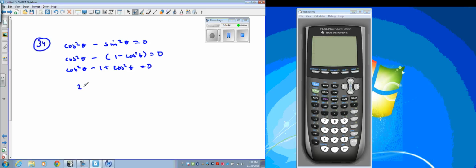So then you'd have 2 cosine squared theta minus 1 equals 0, and then just solve this for cosine squared. So cosine squared equals 1/2. Then you'd want to take the square root of both sides, plus or minus. And this would be cosine theta.